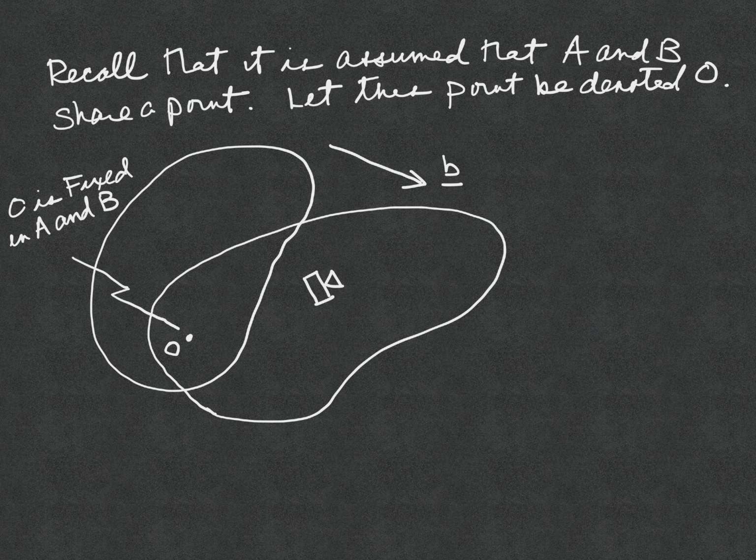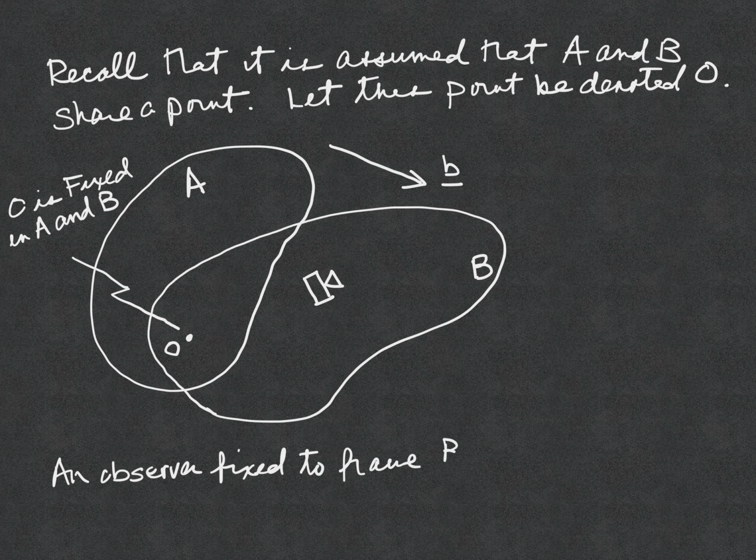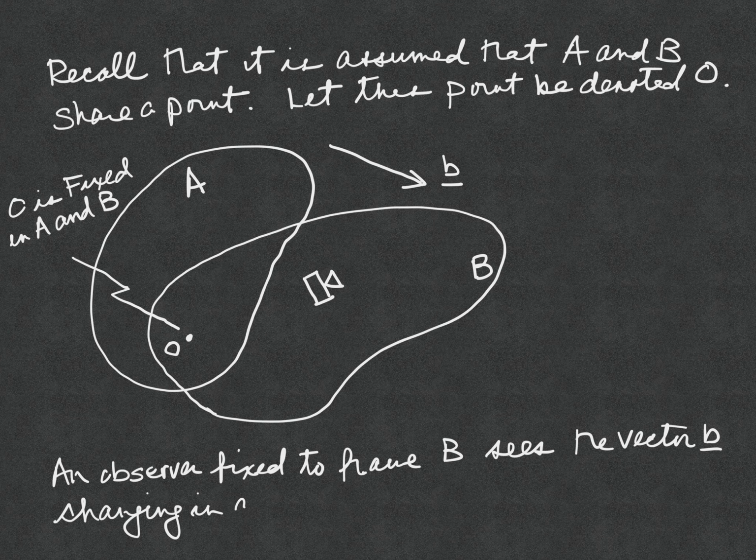What the camera sees as the frame moves and as the vector changes is how vector B is changing in reference to reference frame B. So an observer fixed to frame B sees the vector B changing in a particular way.